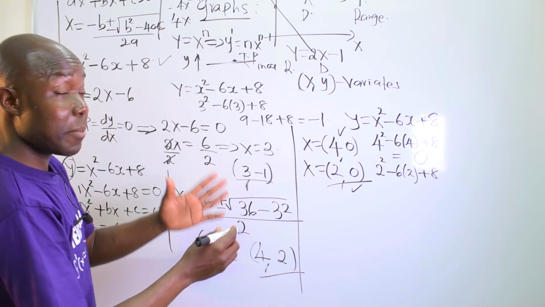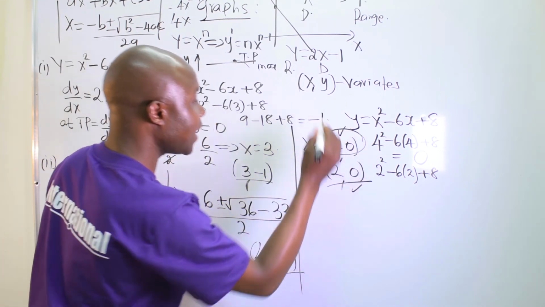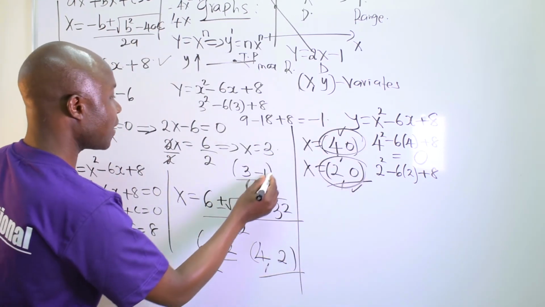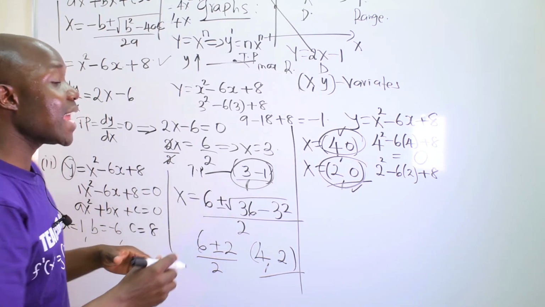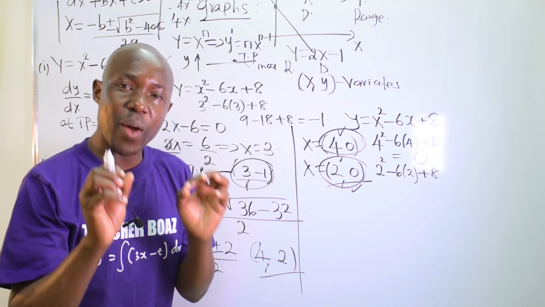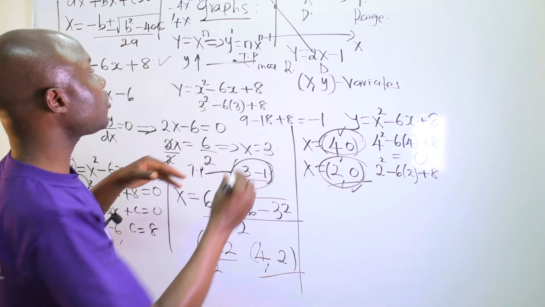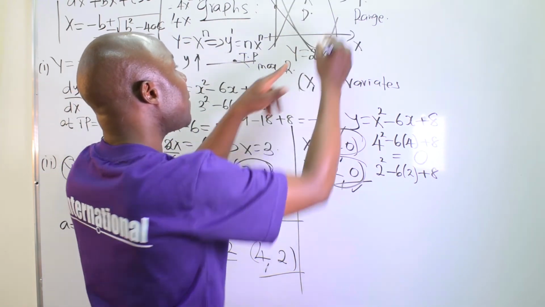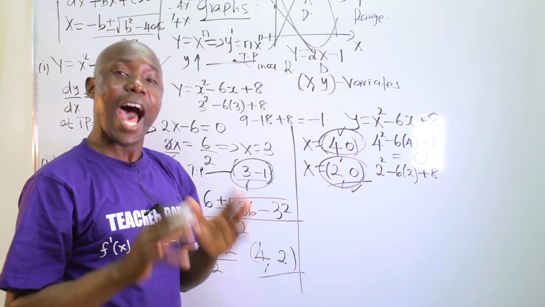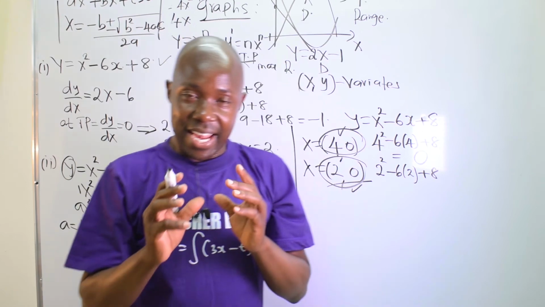Then how many coordinates do we have? Now we have this coordinate, we have that, and we had the one where we were working on our turning point. So we already have the 3 points. Then we need to identify whether it is a maximum on top, or a minimum on the lower side. How do we get that? Listen to this.